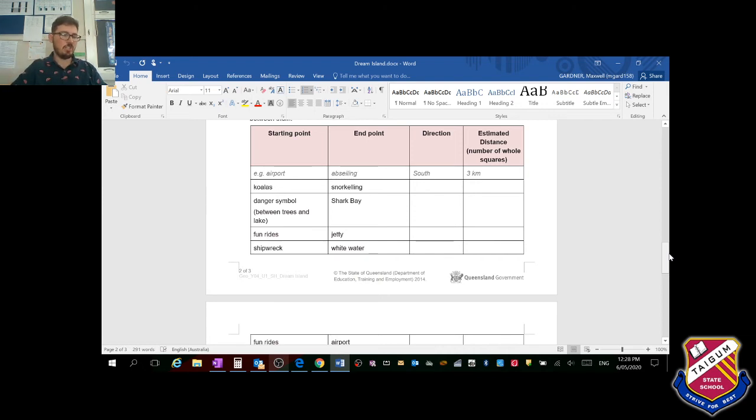Next one, danger symbol to Shark Bay, we travelled northeast. Now, if you said north or east, I'd be happy with that. But if this is north and you're going in that direction, you're actually going northeast because you're going towards the north and towards the east. And from danger symbol to Shark Bay was 1 kilometre.